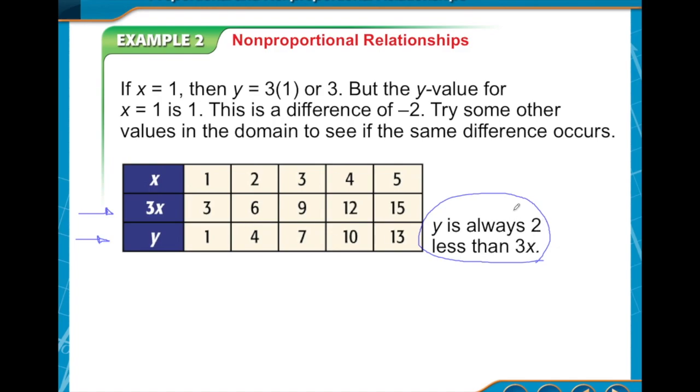So since this is true, we know our equation. We thought it could be y equals 3x, but we just found each y value is actually 2 under that. So we'd have to add a minus 2. So this now is our actual equation. y is equal to 3x, take away 2.